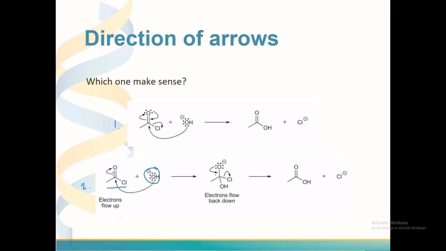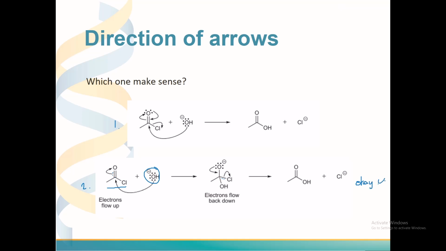And then you have this as an intermediate. So electrons first flow up, and then since this one is negative, it wants to be stable again by giving the electrons back to the carbon. Because of that, the pair of electrons here goes to the chlorine, resulting in a new product. So reaction number 2 is okay.